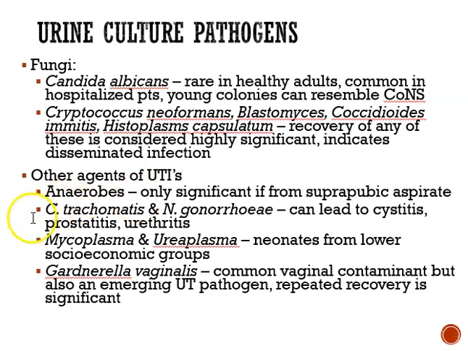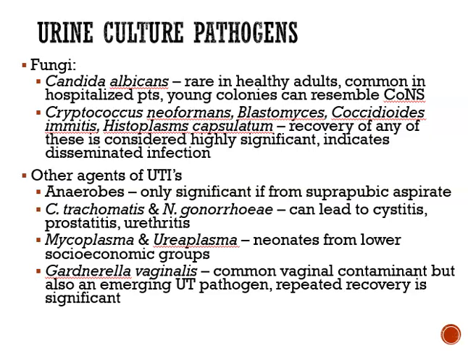So the doctor would have to request that we are looking for these organisms, or a better idea might be to do a urine specimen for molecular testing. Mycoplasma and Ureaplasma. You'll see these in neonates from lower socioeconomic groups and potentially individuals with an HIV infection.